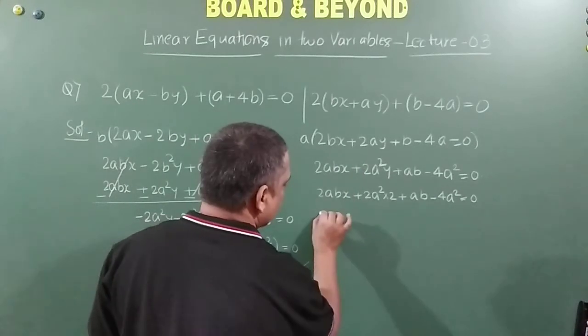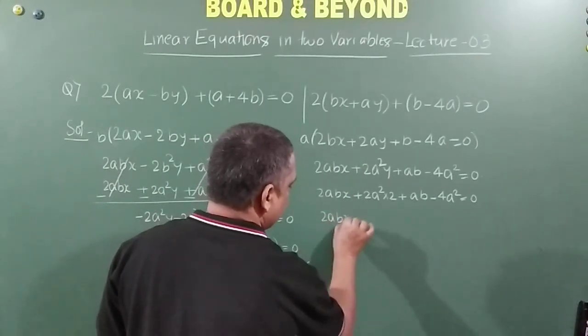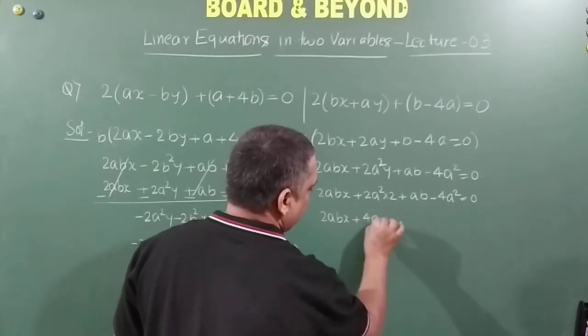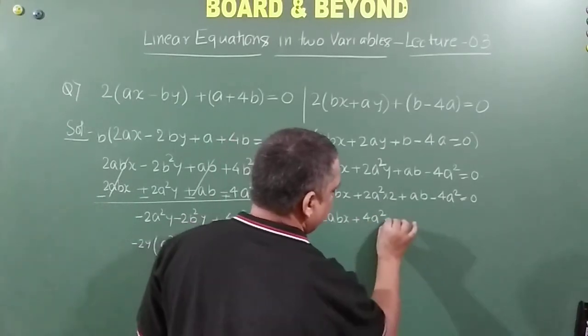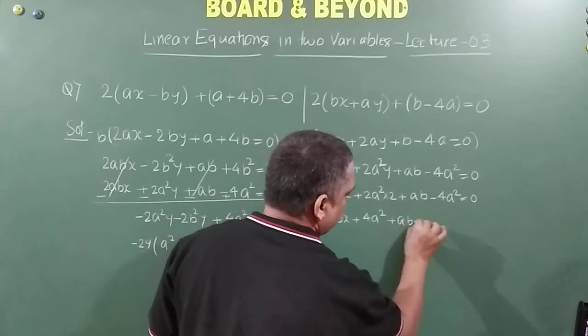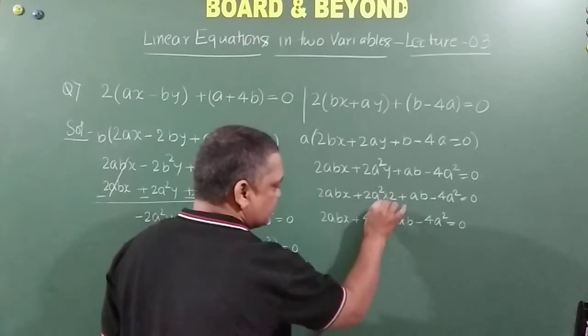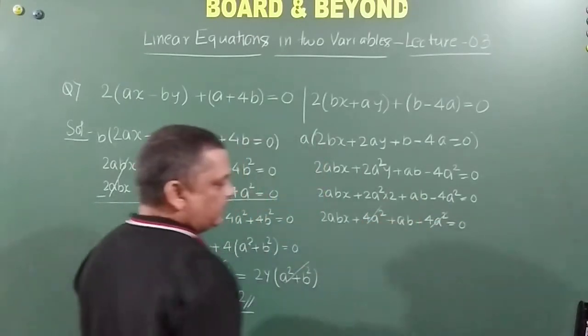So this becomes how much, my friend? 2abx plus 2 into 2, that is nothing but 4a square, right? Plus ab minus 4a square is equal to 0. Now this and this get cancelled, right?